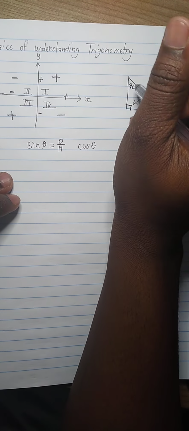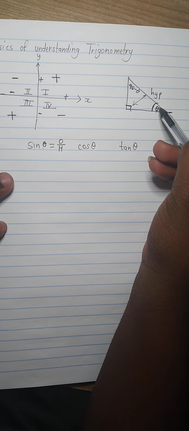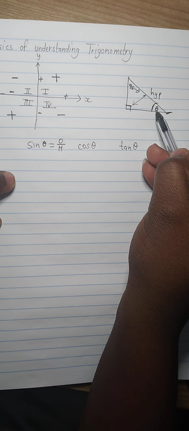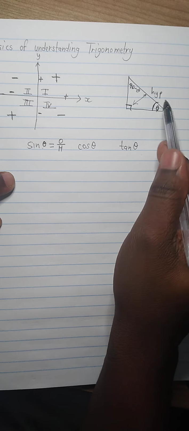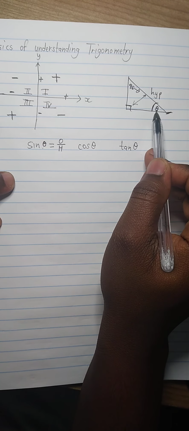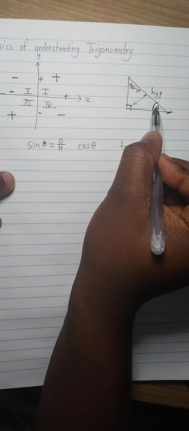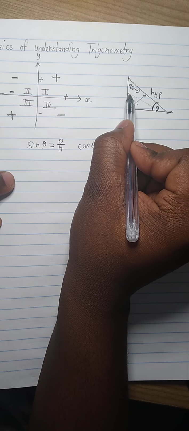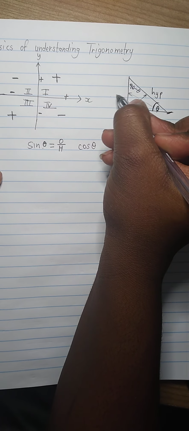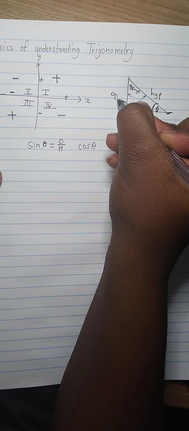Usually they will ask you to stand on this viewpoint. So they ask you, which side is opposite to theta? The side that is opposite to theta is this side, as you can see, it's across. Opposite means across. So this side, we call it opposite.